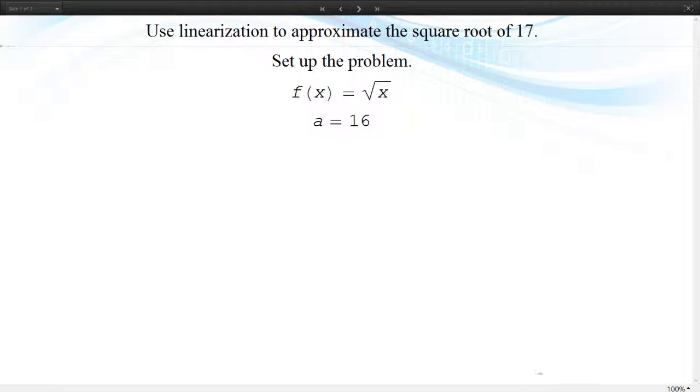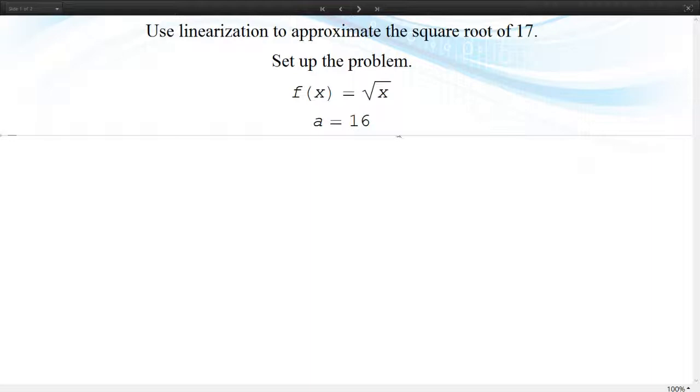So that's why if I want to approximate the square root of 17, what I want is something where I plug in 17 and I get out the square root. With Newton's method, we want something where when I plug in the square root, I get out 0. And we'll talk more about Newton's method later, but here's how we do the problem with linearization.